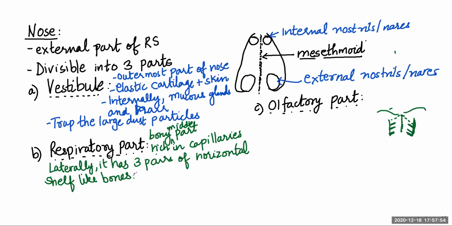Now those shelf-like bones are called conchae. They're also called turbinals or turbinates. So 3 on this side and 3 on this side. Remember, laterally, not in the midline; the part on the side is where they are.